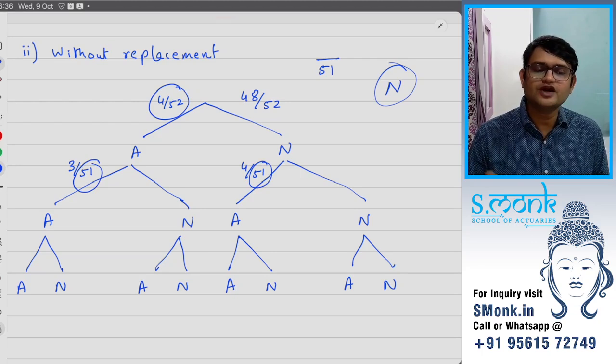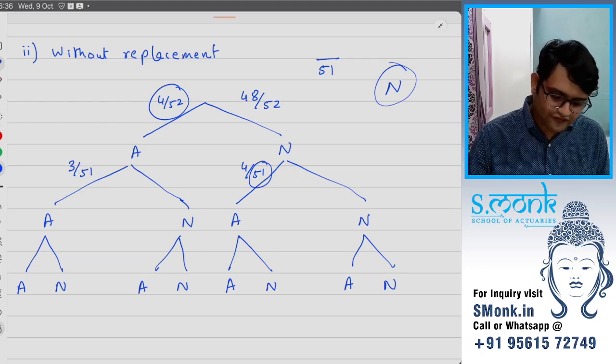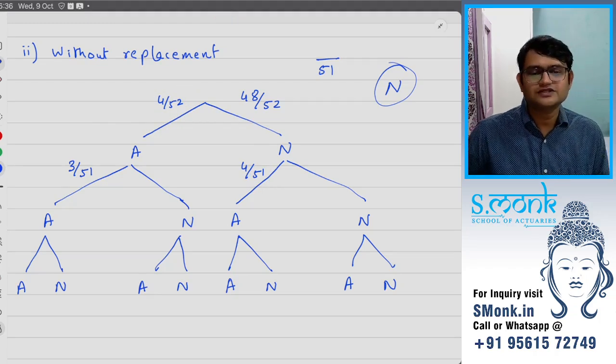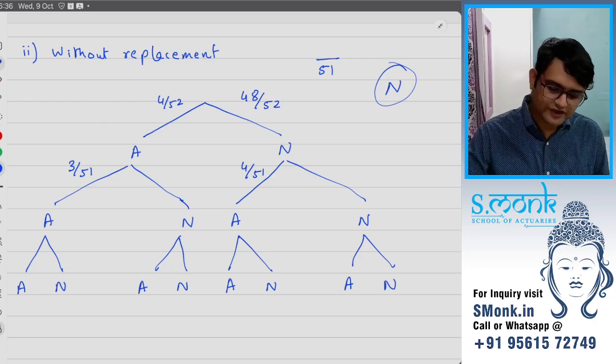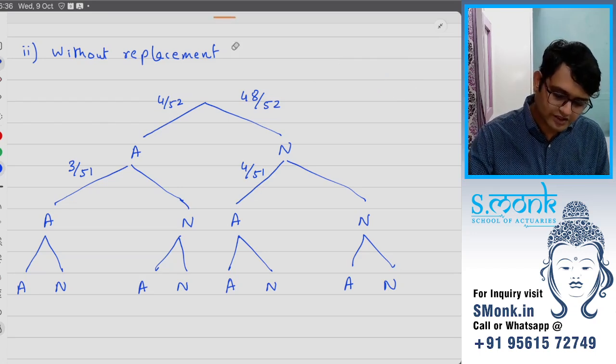Irrespective of whether we got an ace or we did not get an ace in the first card, probability of getting an ace has changed in the second card. So they are not independent of each other. So when I say without replacement, I'm saying they are not independent.